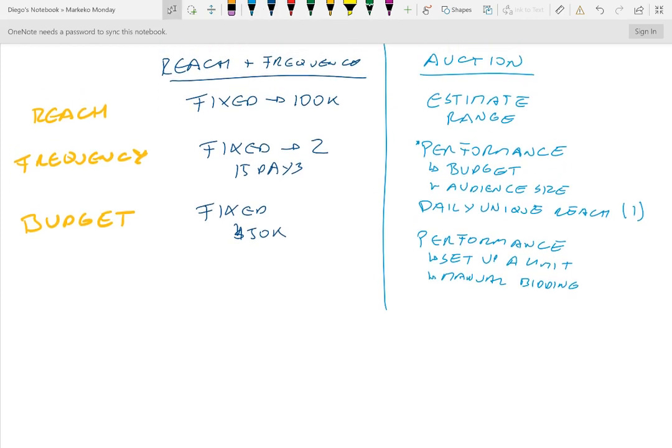A couple of limitations as well that might be important to know is audience. Within reach, you're going to be able to use core or saved, depending on the name that you use. With auction, you can use core, you can use personalized, and also lookalikes, right? So that's another thing to keep in mind, that it's limited.